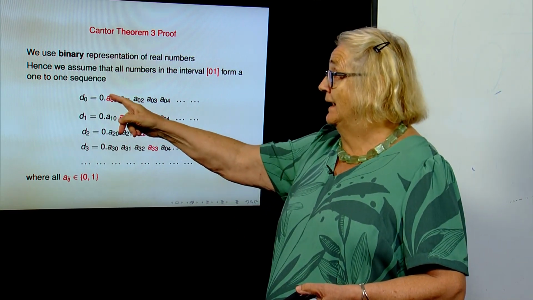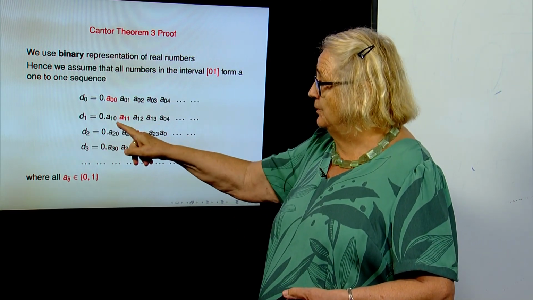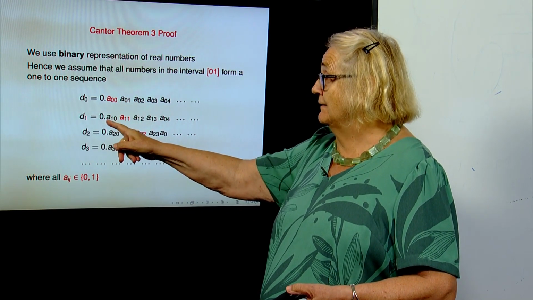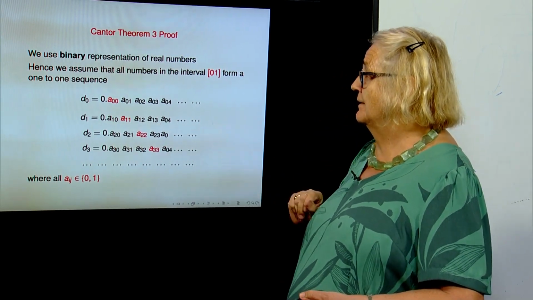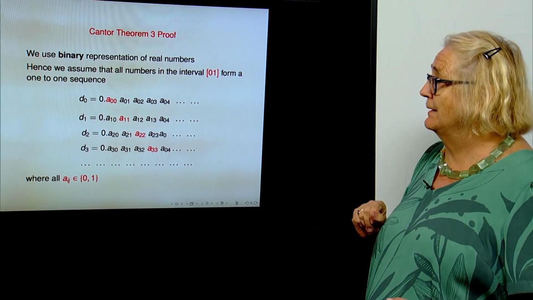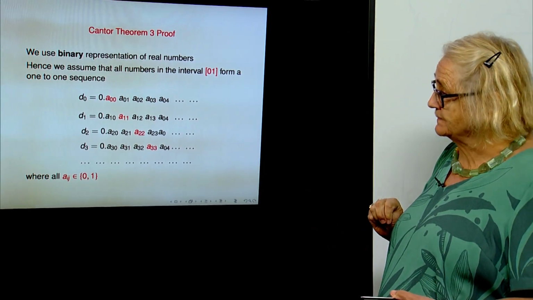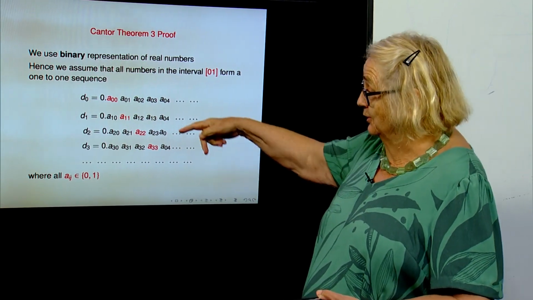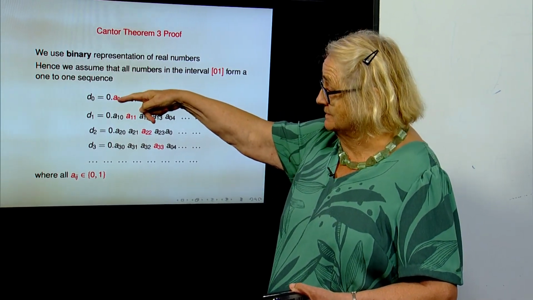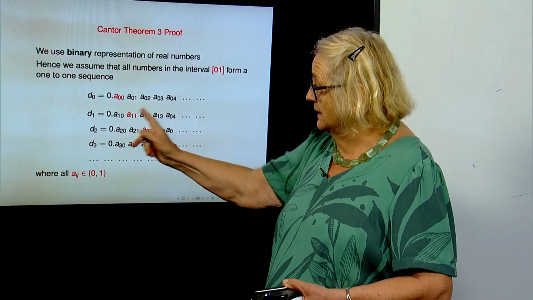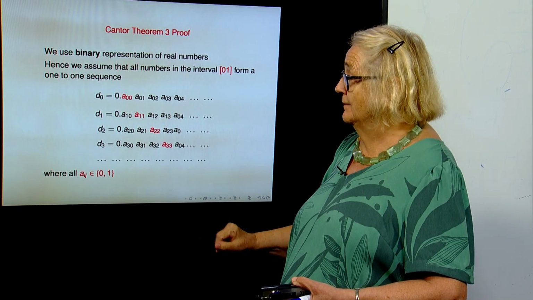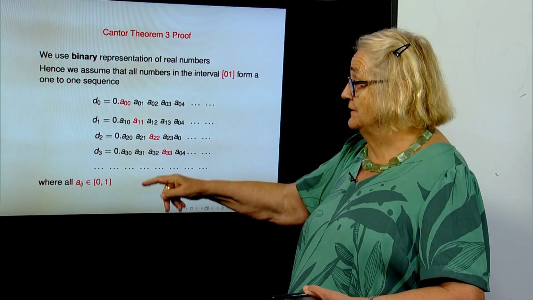And you can see d1 would be, you enumerate, and this is again the binary representation of d1. And all those elements are from the set {0, 1}, because it's a binary representation.